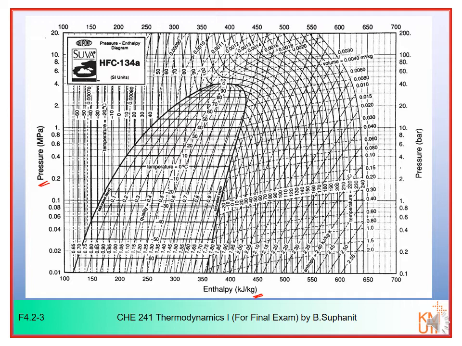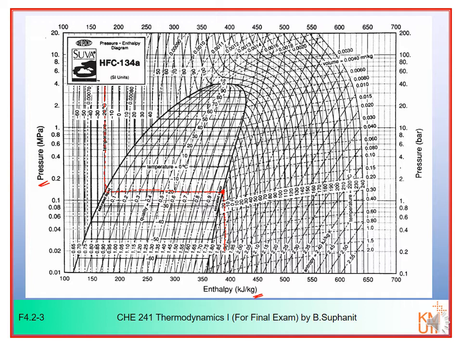If you start from point number 1, which is at minus 20 degrees Celsius, you can see that you have a constant temperature line, minus 20 degrees Celsius, which is this line. Okay, so point number 1, which is at minus 20 degrees Celsius, it is also sat vapor, so it is this point.